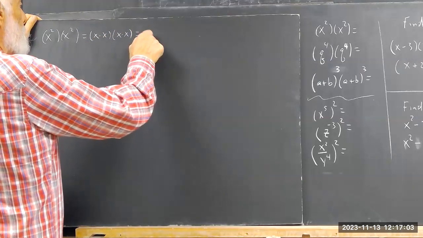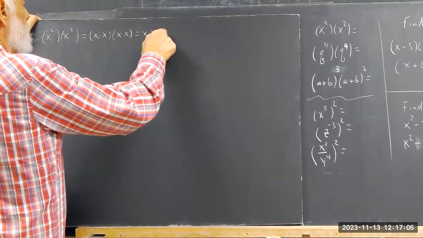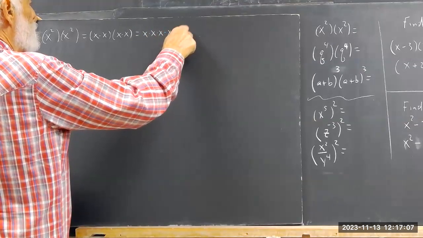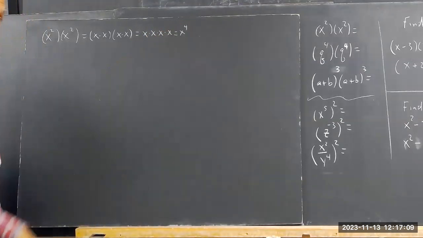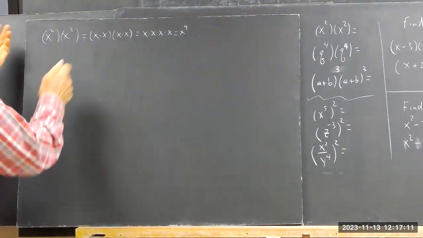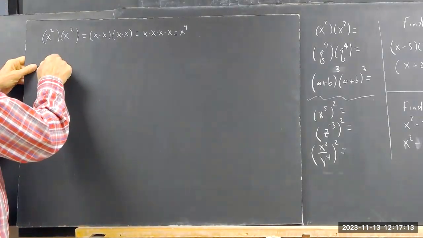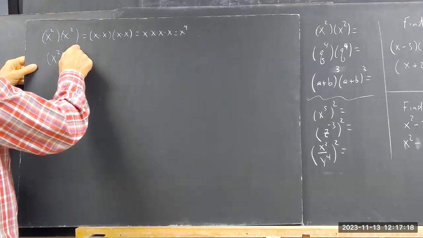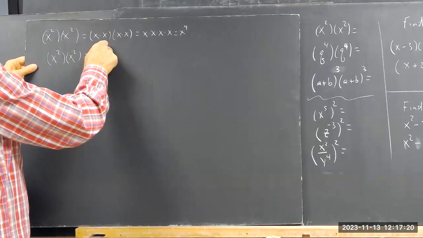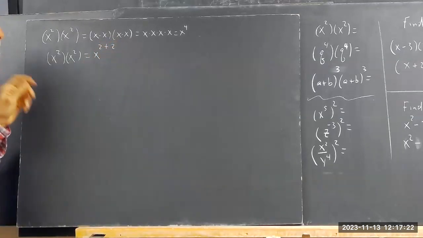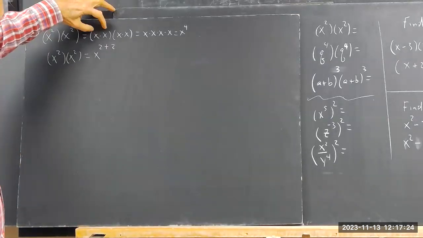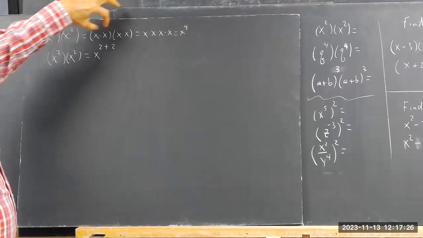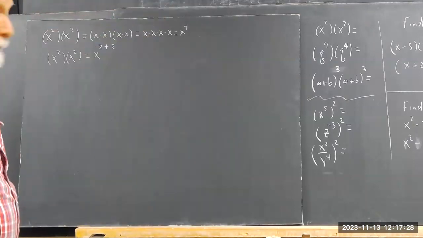And of course, that's x times x times x times x, and that's x to the fourth. Well, another way to do that is say, okay, x squared times x squared equals x to the 2 plus 2. Why 2 plus 2? Because you got 2 of them here, you got 2 of them here, 2 and 2 makes 4.